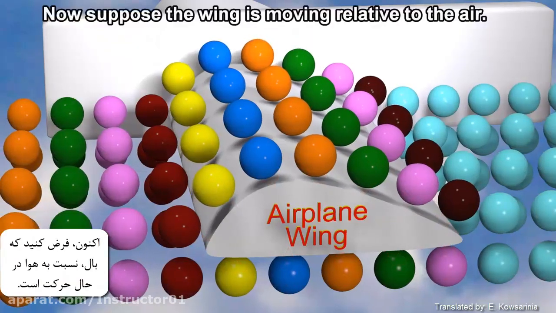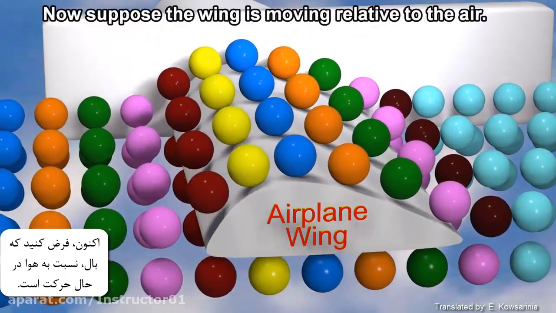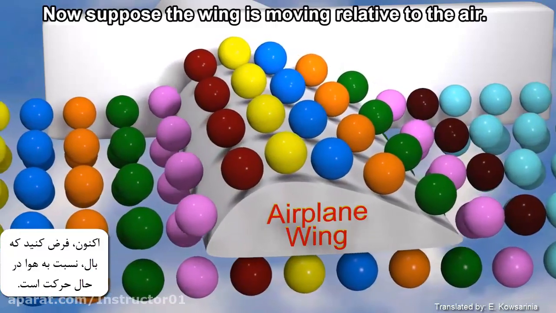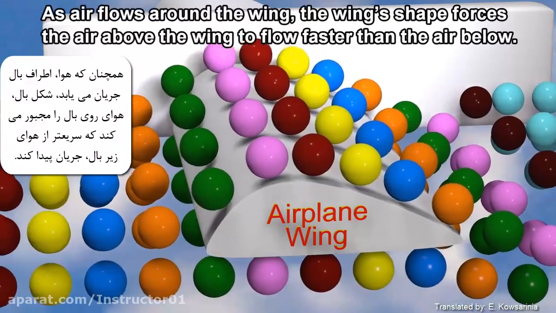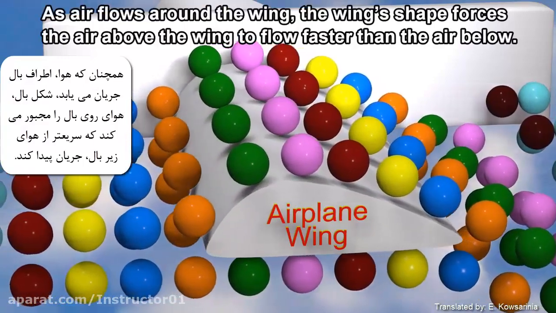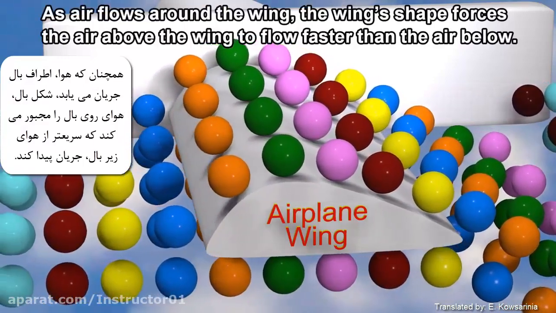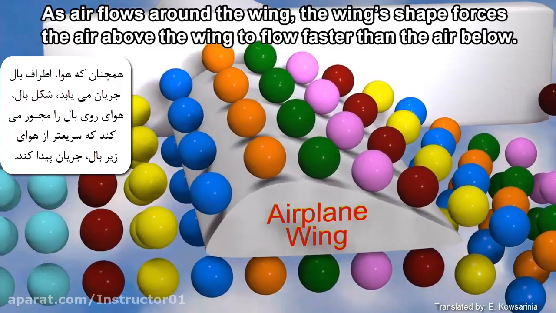Now, suppose the wing is moving relative to the air. As air flows around the wing, its shape forces the air above the wing to flow faster than the air below.